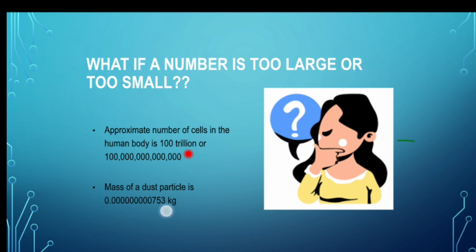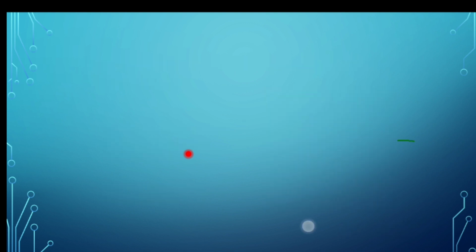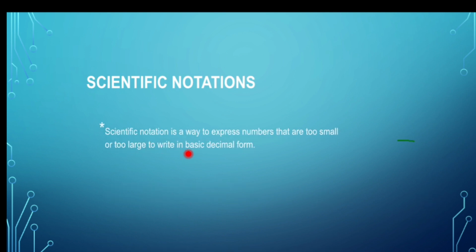So how to remember such a large number or such a small mass with so many digits after the decimal sign? So for these cases we have scientific notation. Scientific notation is used whenever the given number is too small or too large.